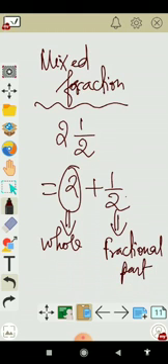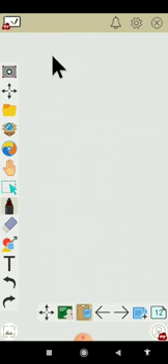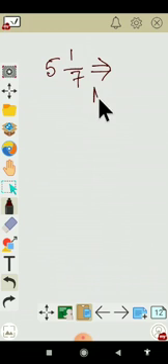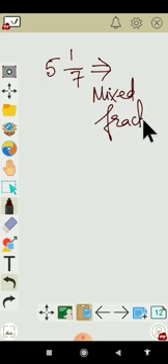So this is called a mixed fraction. 5 1 by 7 is a mixed fraction. This is one example of a mixed fraction. So we have seen different types of fractions.